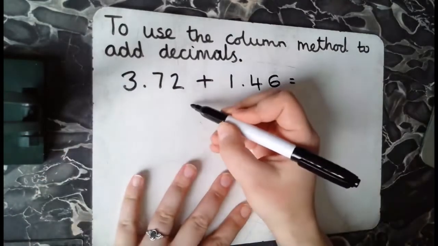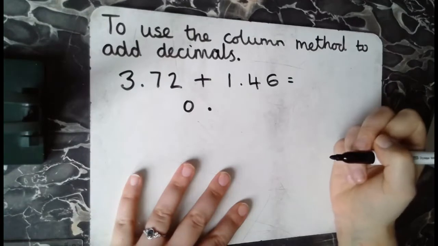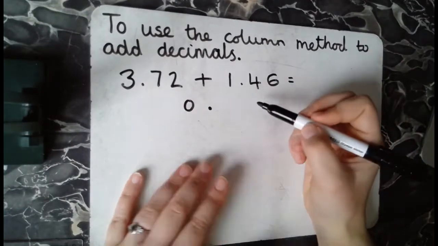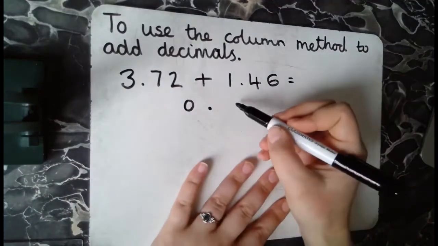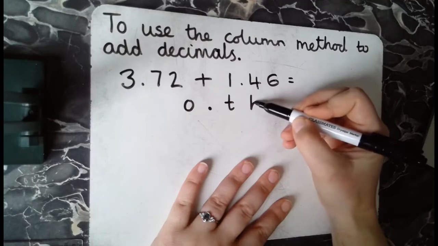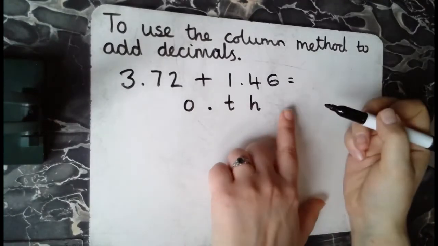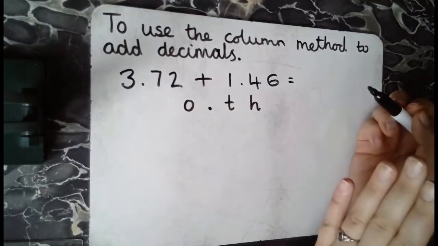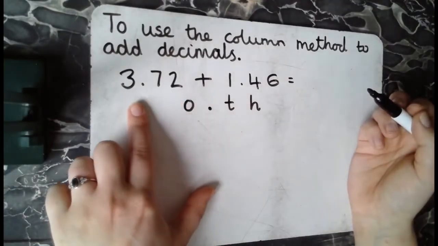So ones is my first column, pop in the decimal place there so I don't forget it, and then both my numbers have two decimal places, so we've got tenths and hundredths. I could obviously, if I needed to, add thousandths and so on. Or if we're looking at slightly larger numbers, I could have tens, hundreds over here as well.